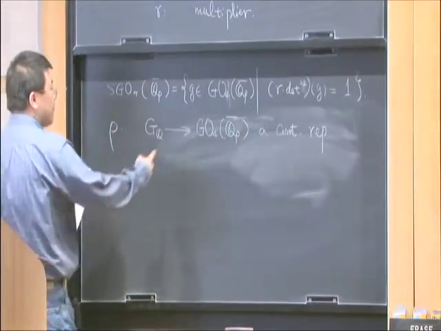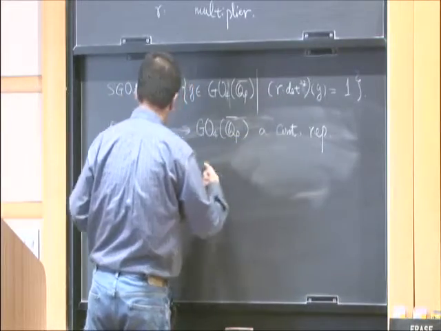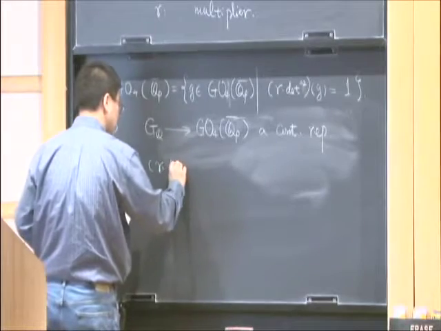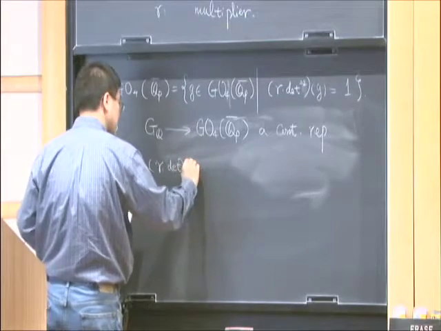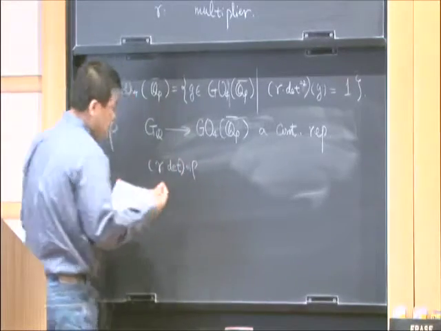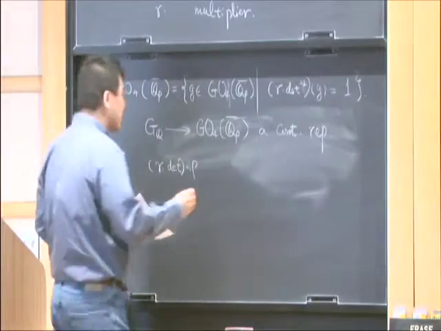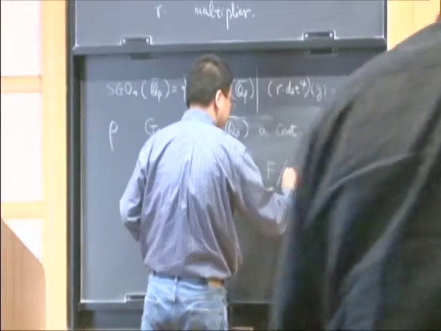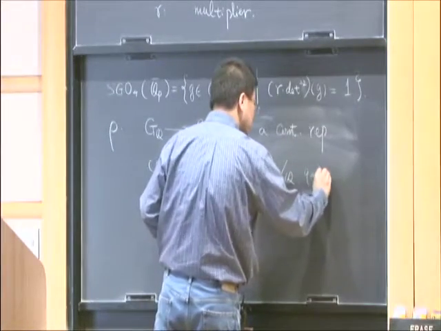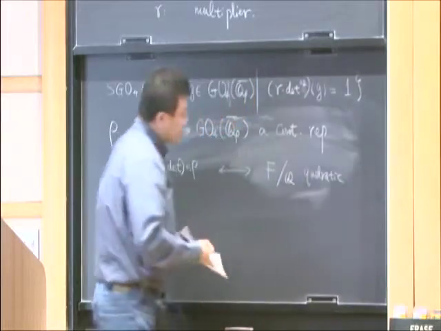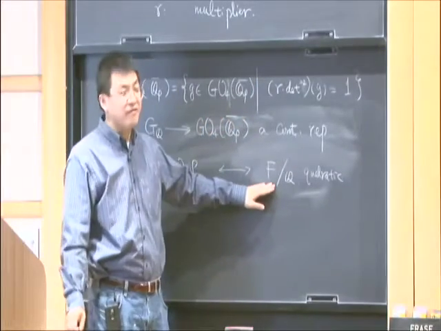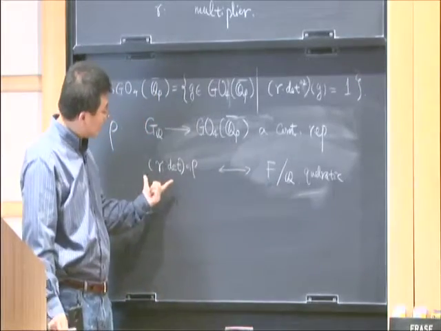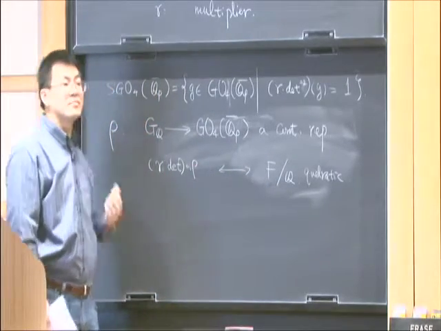If you consider this character and compose it with rho, this is just a quadratic character. So it corresponds one-to-one to a quadratic extension F over Q. I reserve this F throughout my talk; it represents the field corresponding to this character.